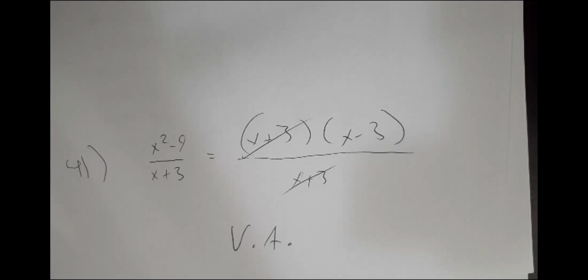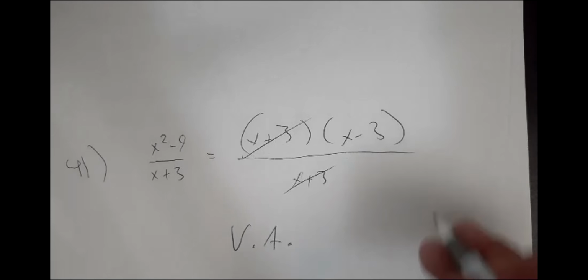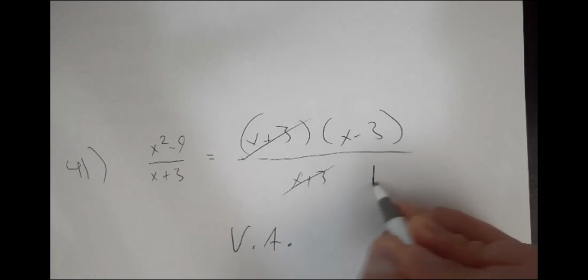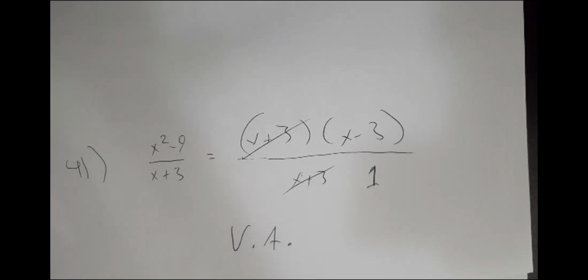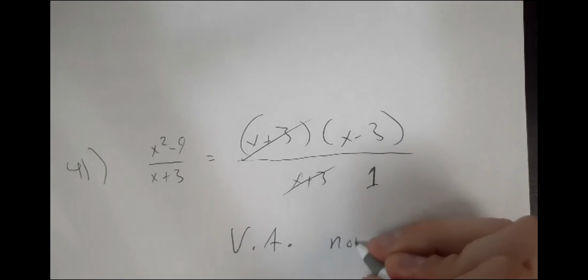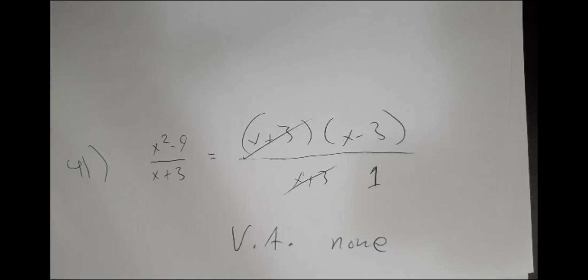What should my asymptote on this thing be? What's down here? Just a 1, maybe, if you want to put it. So when is that going to be 0? Never. So there are none, right? There are no vertical asymptotes on this thing.